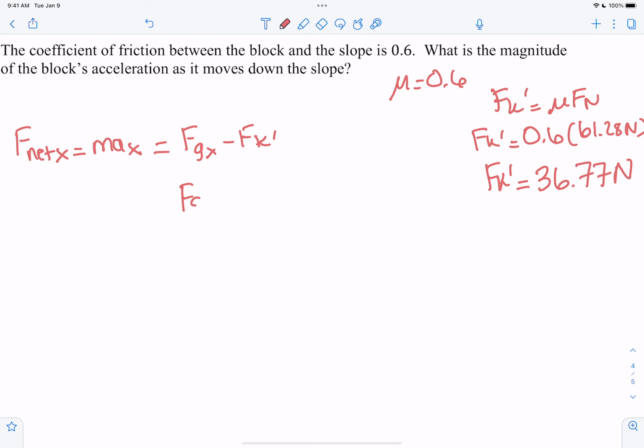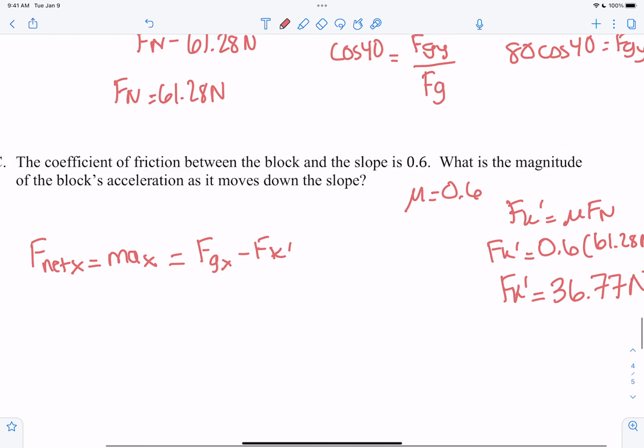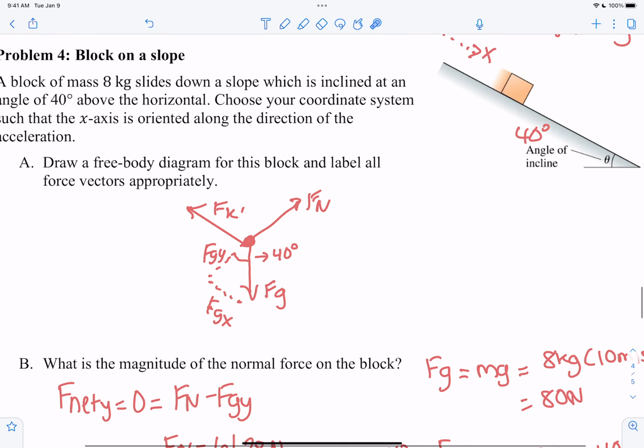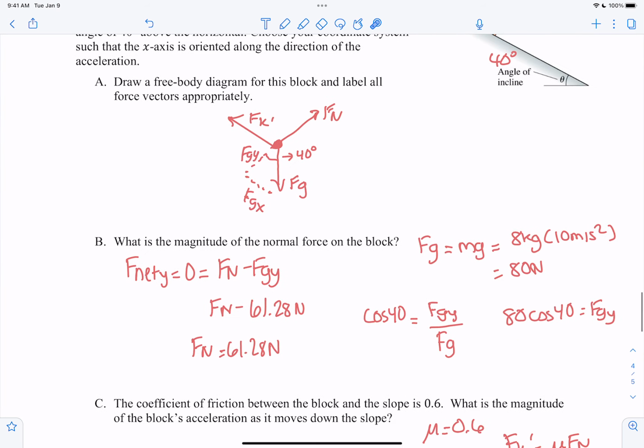So that's FGX minus, well, I'll actually calculate FGX first too. So how can we get FGX? We can do trig again. If we want to figure out what FGX is, we can do trig. We know that FG is equal to 80 newtons.